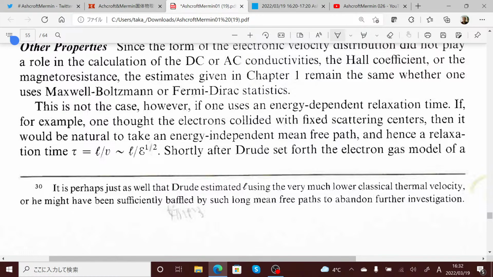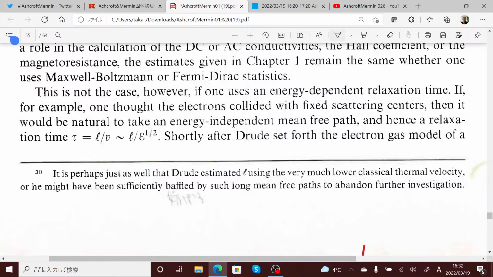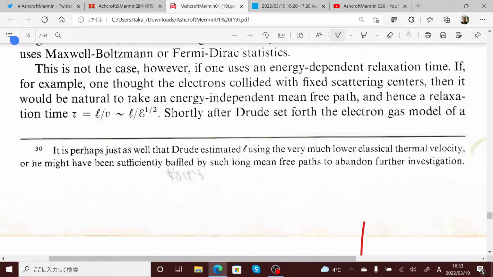If, for example, one thought the electrons collided with fixed scattering centers, then it would be natural to take an energy-independent mean free path L. Hence the relaxation time tau equals L over v, which is L over epsilon to the power 1/2.